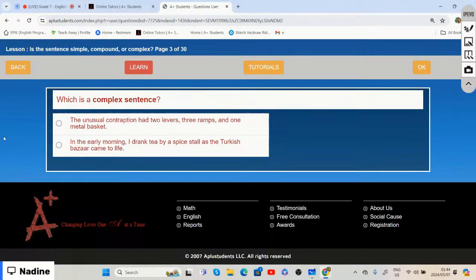Now we're going to look at a complex sentence. A complex sentence is made up of a subordinating conjunction as well as an independent clause.